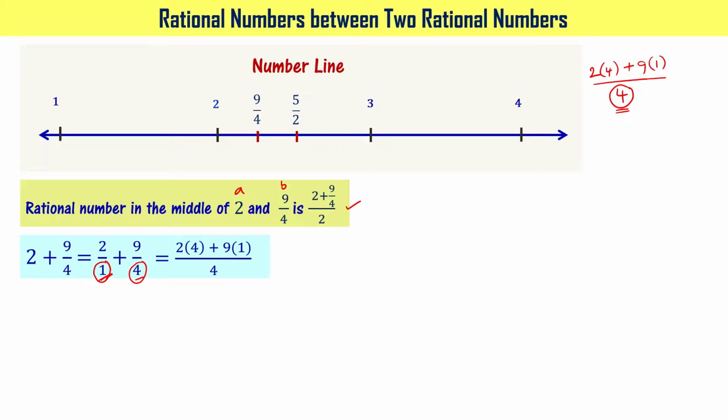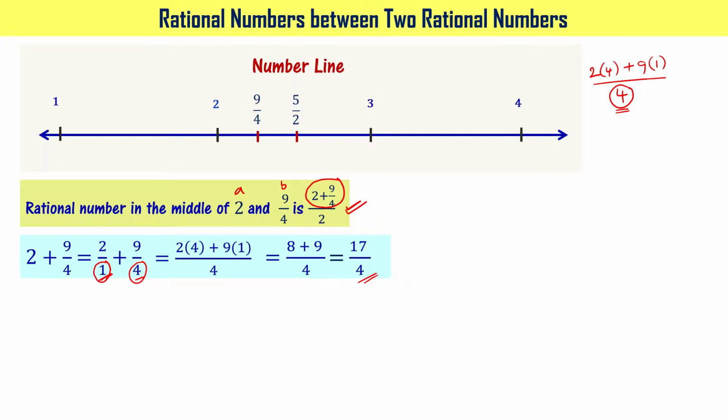Let's write that. 2 times 4 is 8 and 9 times 1 is 9. When you substitute that, it becomes (8 + 9)/4, that is equal to 17/4. So till now what we have got is the value of 2 + 9/4, that is equal to 17/4. What we wanted is (2 + 9/4) ÷ 2, right?